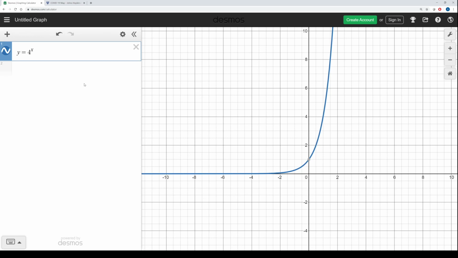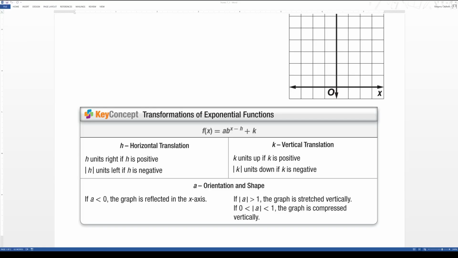We know we can also shift this curve left or right. And that was by, if we go back to the notes one more time, if we want to do a horizontal translation or shift left or right, that's up here. We're actually messing with the exponent to do that. Okay?